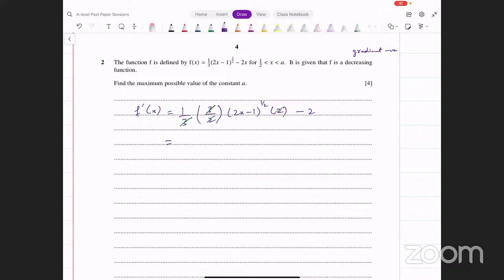We are left with 2x minus 1 whole raised to power 1/2 minus 2. ये हमारे पास आ रहा है इसका derivative. ठीक है? अब हमें करना क्या है? हमें ये शो करना है that this derivative, और उसने बताया है कि this derivative is less than 0. ये less than 0 उसने आपको बताया decreasing function है, तो derivative less than 0 होना चाहिए. तो हम क्या करेंगे? इसको less than 0 input कर देंगे. 2x minus 1 whole raised to power 1/2 minus 2. Since it's a decreasing function, the derivative को हम less than 0 से input करें.